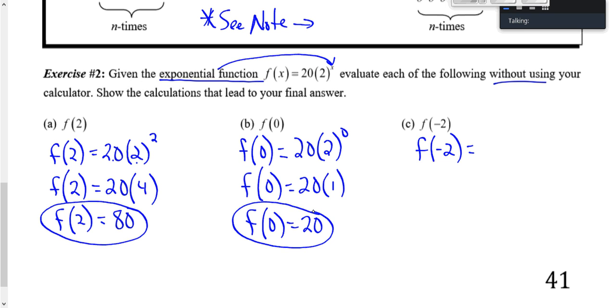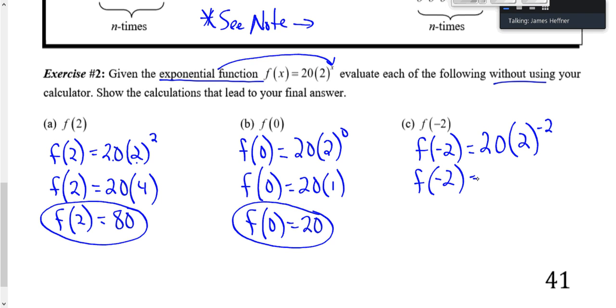What about f of negative 2? You get that yet, without your calculator? 5. Yeah, f of negative 2 is 5. Well, why? So 20 times 2 to the negative 2, that negative doesn't make anything negative, right?